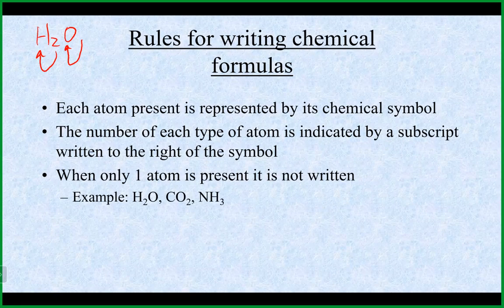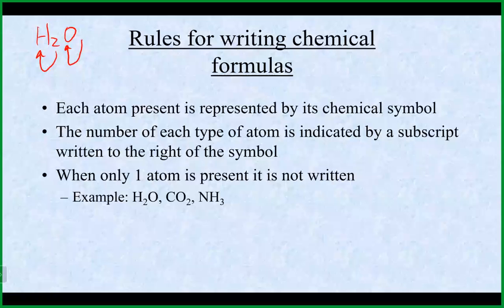So typically we don't write 1 in formulas. Those subscripts represent how many atoms of each of those elements are present. It also represents, as we'll talk about later on in a different chapter, how many moles of each of those are present.